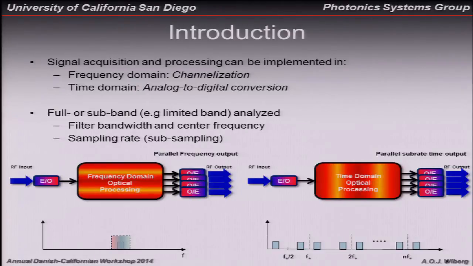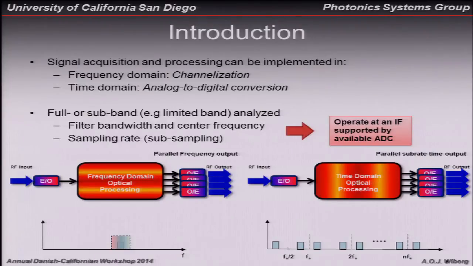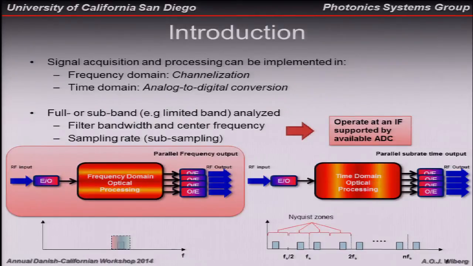By the sampling theorem, you will bring the signal down to the first Nyquist zone. And the reason you want to subsample or use frequency slices is that you want to marry the bandwidth of the best ADCs today to the full bandwidth that you want to look at.